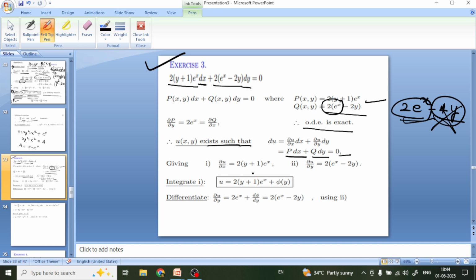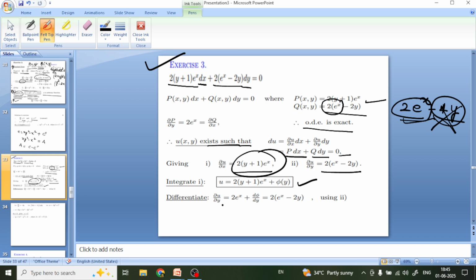Now take the p(x, y) equation first, and the second equation, the q(x, y) value, and find its integration. When we integrate, it remains the same, (2y plus 1) e raised to power x plus phi of y, because phi is an arbitrary function.